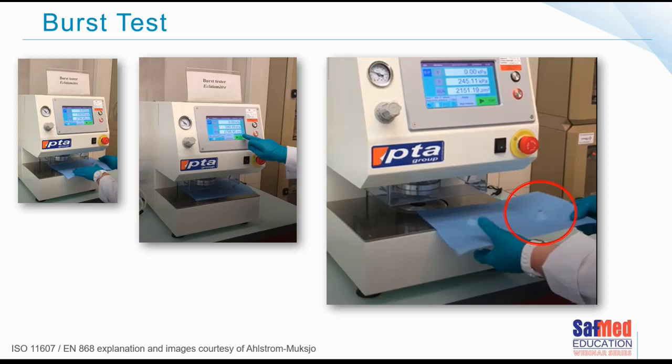The pressure is applied from below. If you look at the very last image, you can see the hole that has come from the bottom of the material. You can see the hole that is formed purposely with a known amount of pressure to test at what point it will burst, it will puncture.